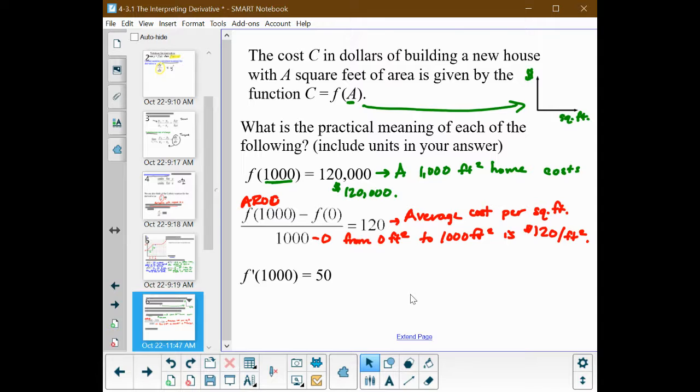So the average cost per square foot from 0 to 1,000 square feet for a home is $120 per square foot. So again, our units are representative of that rate here. So we are showing that this is a rate.